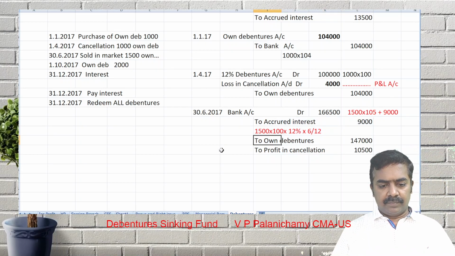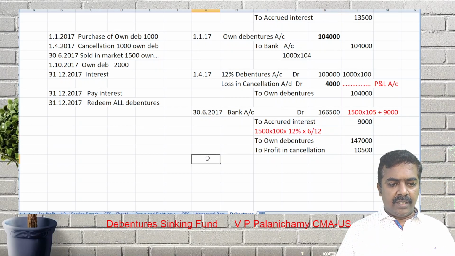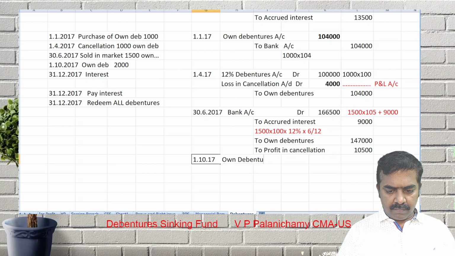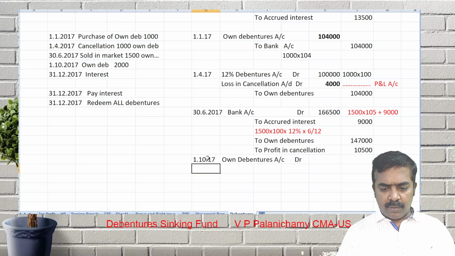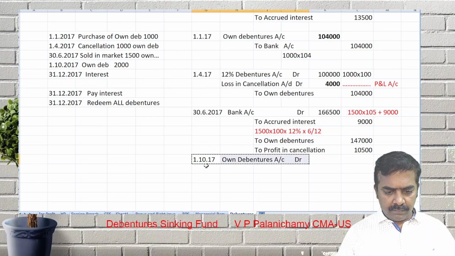Take up this. This is on 30th June. Again, we are purchasing on what date? 1/10/2017. We are purchasing own debentures. Own debentures account debit, 212.